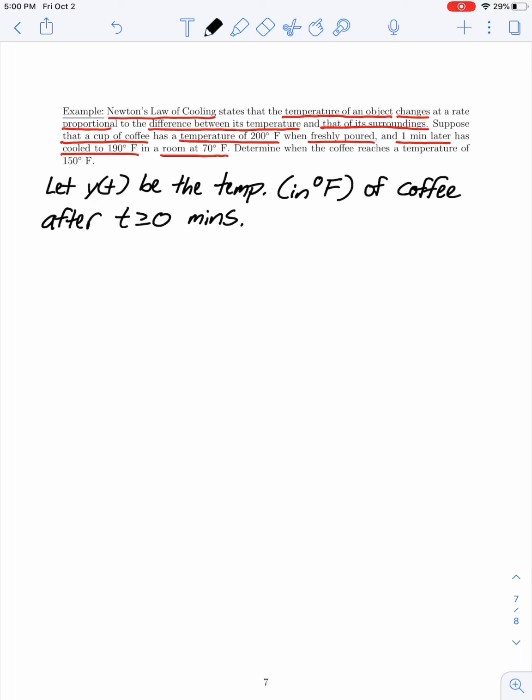Well, in the problem statement, we're told that Newton's law of cooling will govern the rate at which this cup of coffee is changing temperature. So let's write out what we know from Newton's law of cooling.